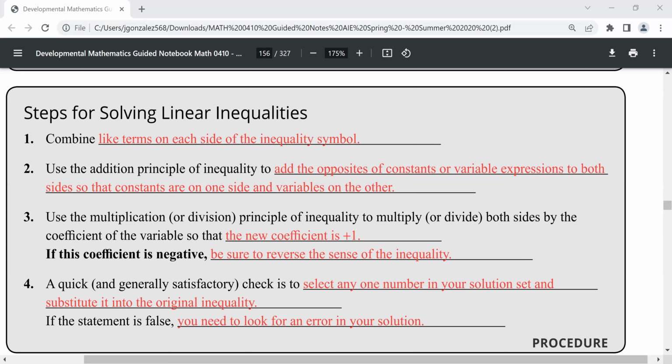Step 3, of course, is divide both sides. Just remember, if you divide by a negative, you will reverse the inequality. It will change direction. Or if you multiply. Then any number that's within that range will be a solution.